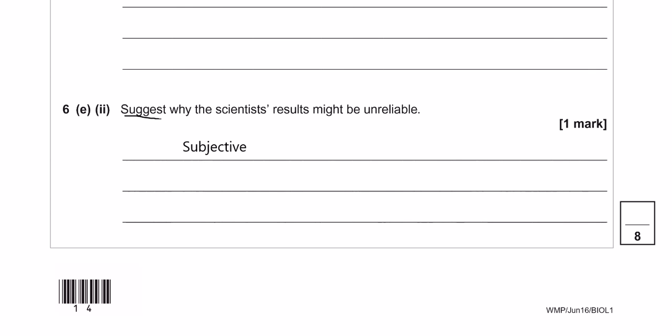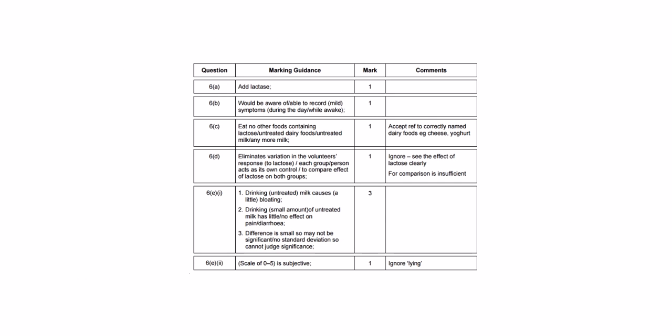One of the things that you can't say is that they were lying. Okay, people don't tend to lie. They tend to tell the truth. So subjective scales, and then you could go on to explain why it is subjective, but if you just said it is subjective, you would get the mark. Here are the answers to question 5.